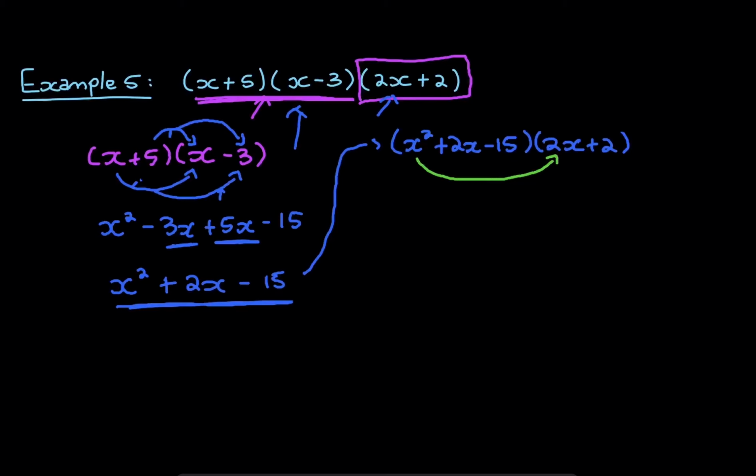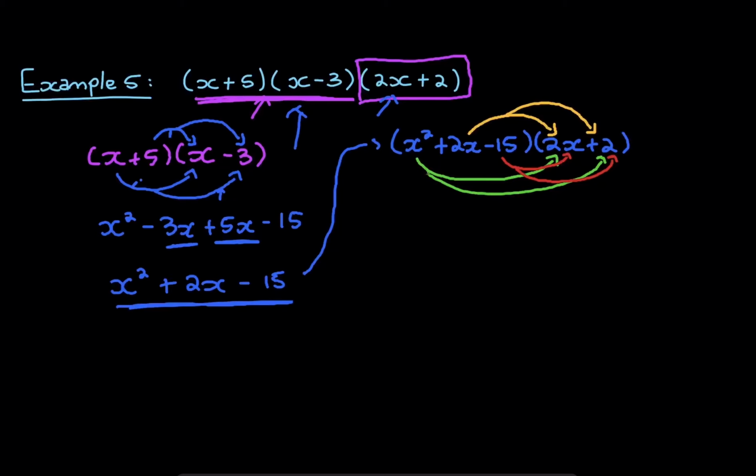X squared times 2x, x squared times 2, then you get 2x times 2x, and then you get 2x times 2. And then let me use a different color for this one. Negative 15 times 2x, and negative 15 times 2. So what you're doing is multiplying every value in this bracket with every value in that other bracket.